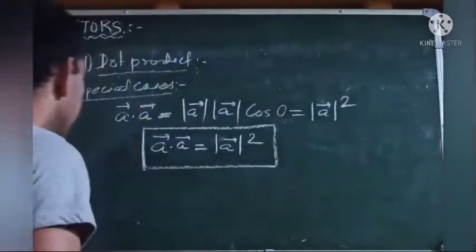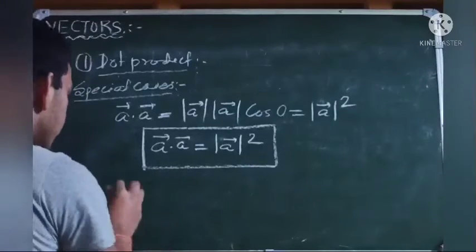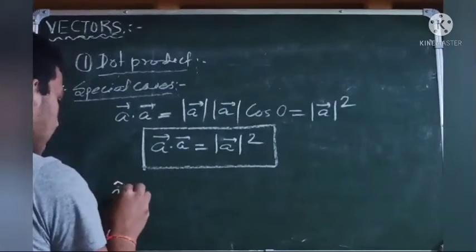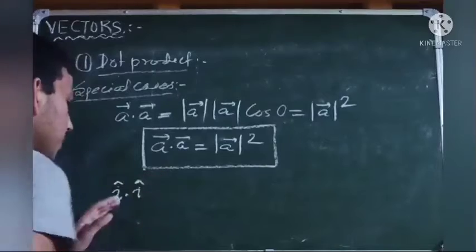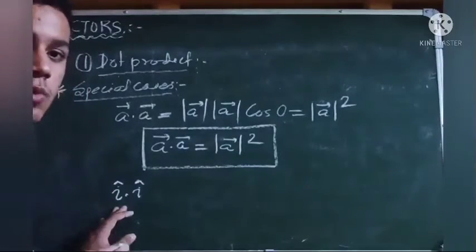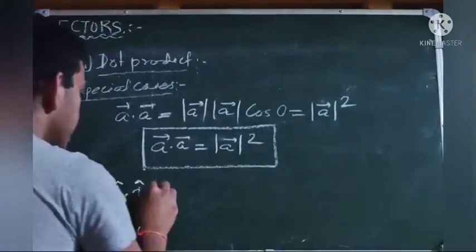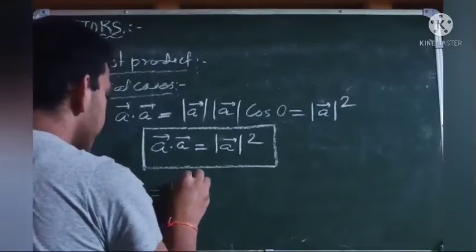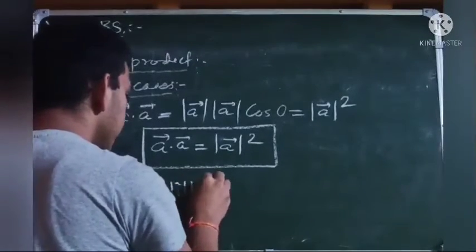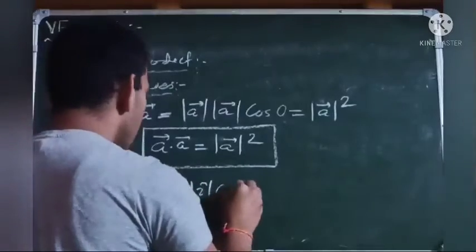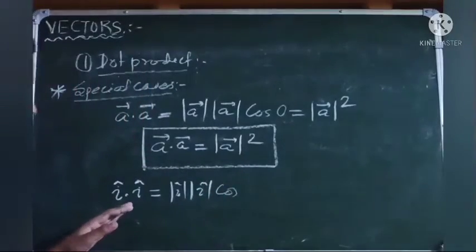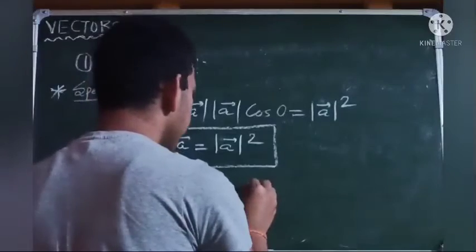Now we can see from this concept, suppose we have i cap dot i cap. i cap is also a vector of magnitude 1 but direction along the x-axis. So this is going to be mod of i cap multiplied with cos of the angle between the vectors, which is obviously 0 because it represents the same vector.